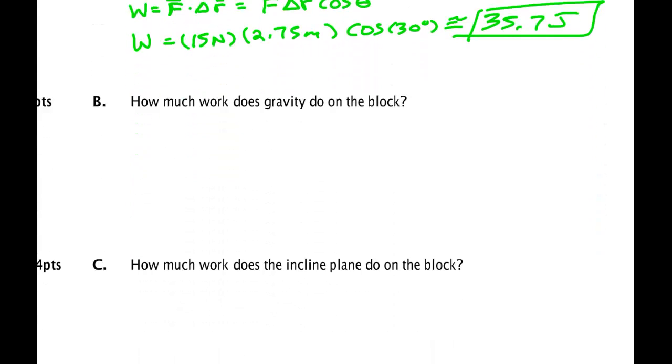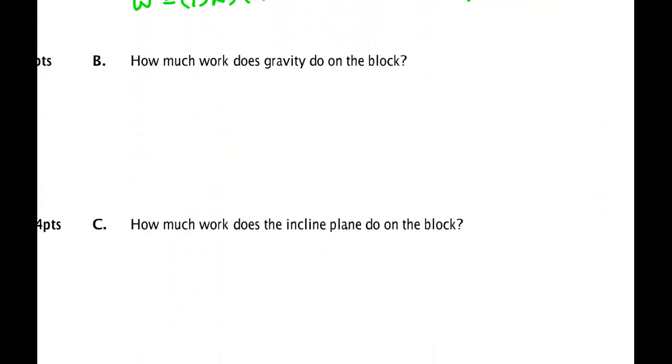Part B, how much work does gravity do on the block? Now, to calculate work of gravity, gravity is a conservative force, so I want to use potential energy to calculate that because that's the easiest way. So the work by gravity is minus delta UG, the change in the potential energy of gravity. This is minus UGF plus UGI.